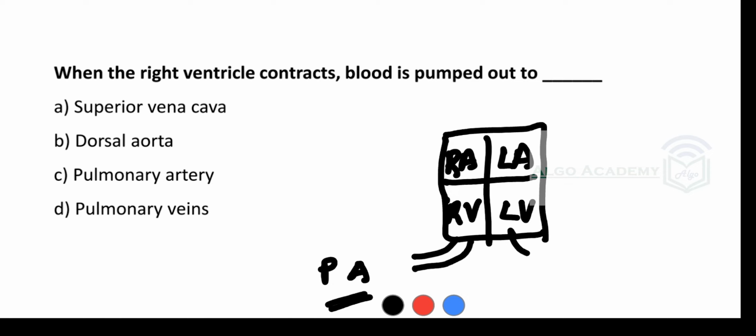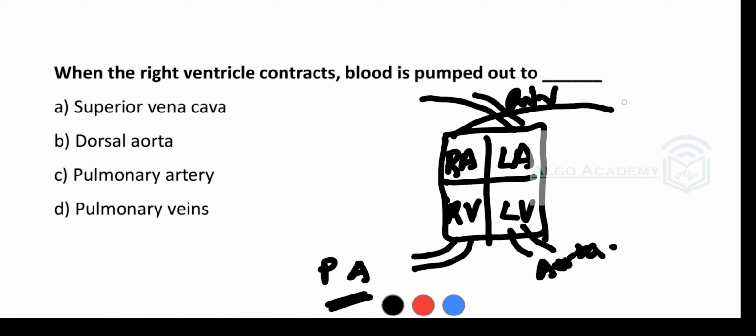If it is from the left ventricle, it is the aorta. The left atrium receives blood from the lungs by the pulmonary vein, and the right atrium receives blood from all parts of the body by the vena cava. So the answer to this question is pulmonary artery, option C.